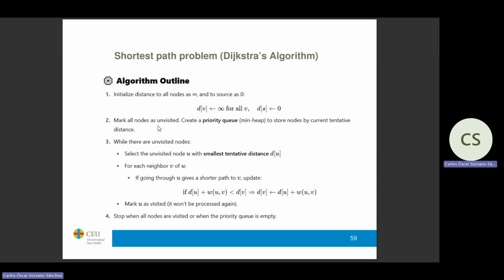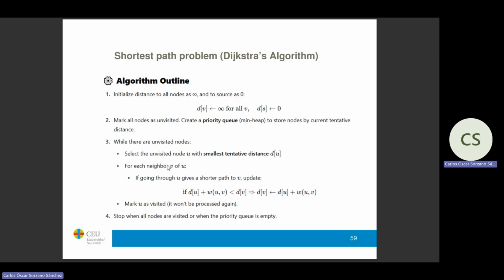And then you mark all nodes as unvisited, and you create the priority queue, which decides how I will explore the different nodes. While there are unvisited nodes, you select the unvisited node U with the smallest tentative distance, the one that you think will have the smallest distance.